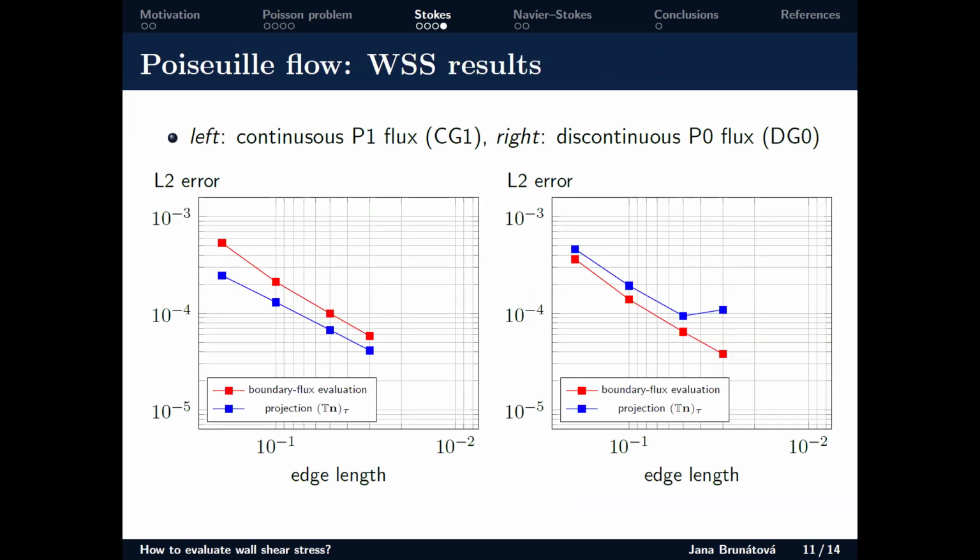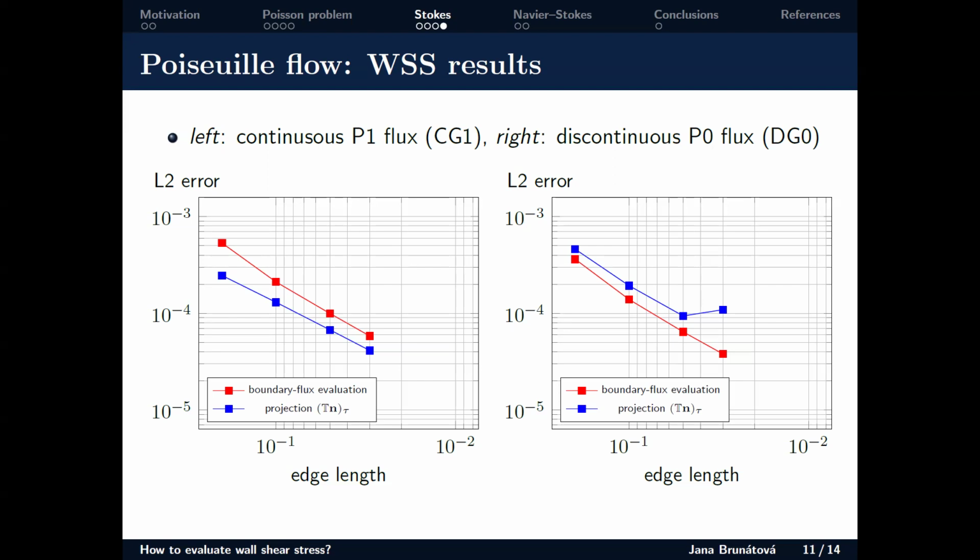And now let's have a look at wall shear stress results for the same problem. So I think I didn't mention it before, but if we compute the boundary flux evaluation, where we assume that the boundary flux lives in the same space as velocity, we can then project it to a different kind of space. So here on the right, we projected it to DG0 function space.